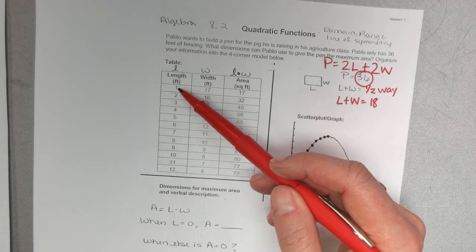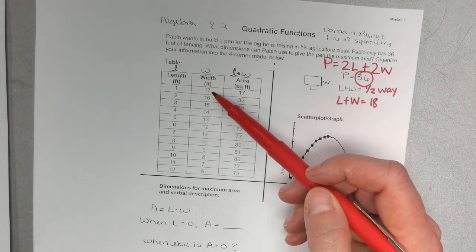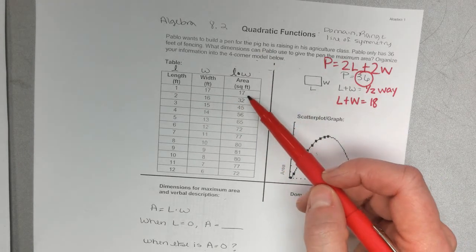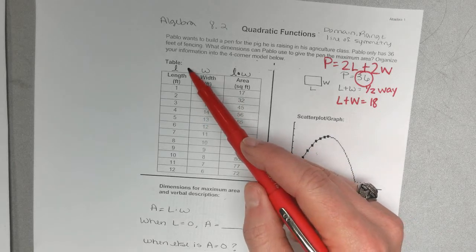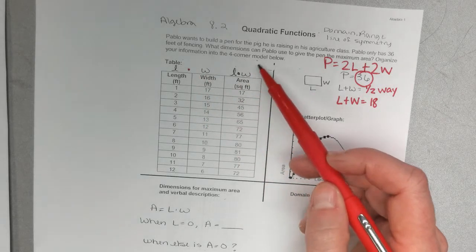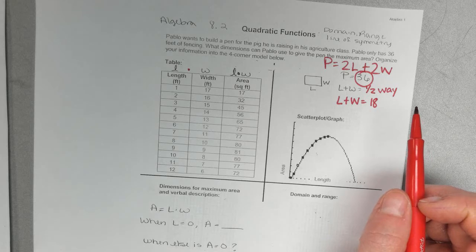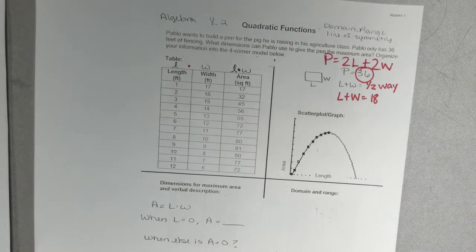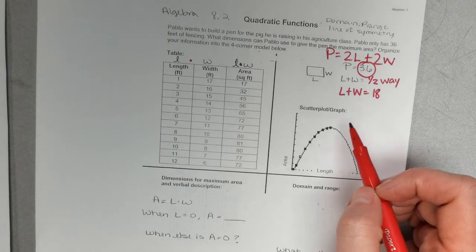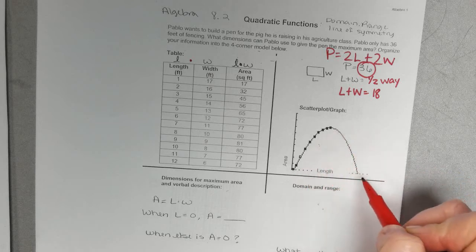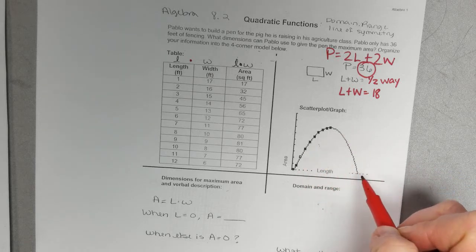Okay, when X is 1, the width is 17. So that's 17 square feet, because you multiply them together to get square feet. Okay. So then when you put that in the calculator, it will look like this, the problem.